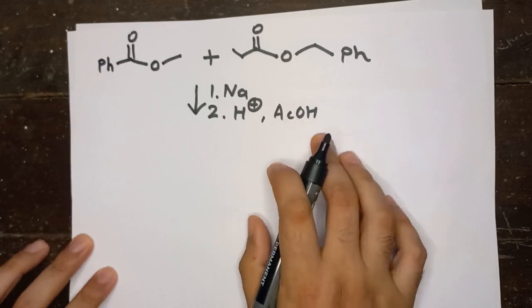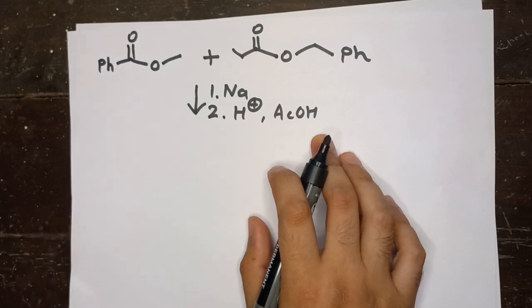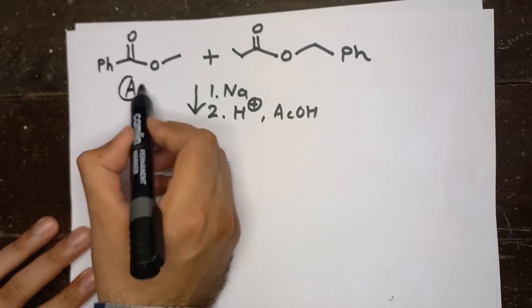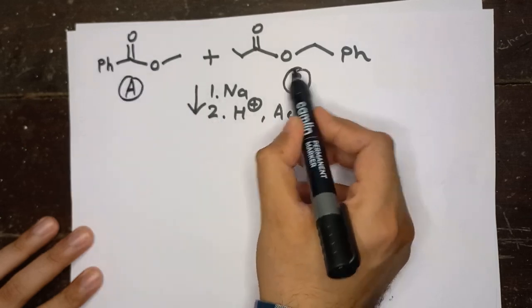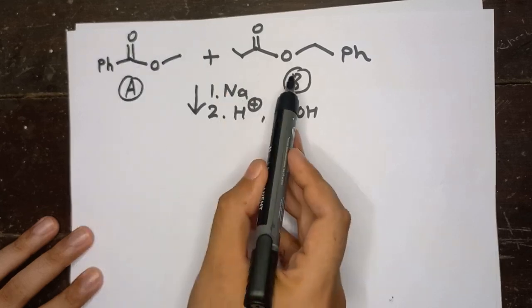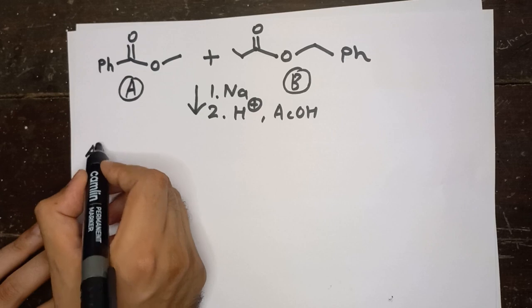So pause the video and predict all the products and try it by yourself. Okay, so let me write this molecule as A and this molecule as B. So A will react with itself, A will react with B, B will react with A and B will react with itself. So we will have 4 products.